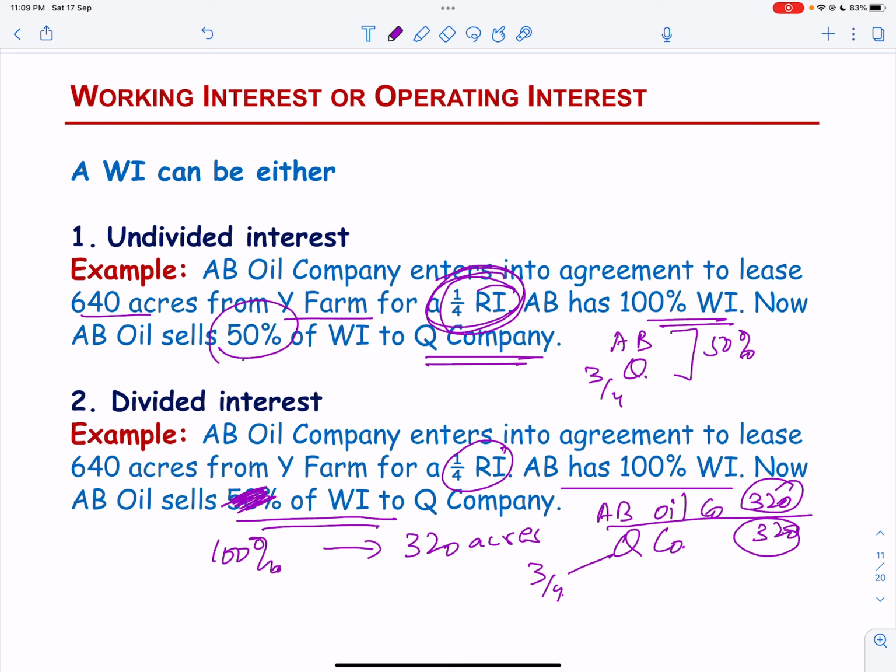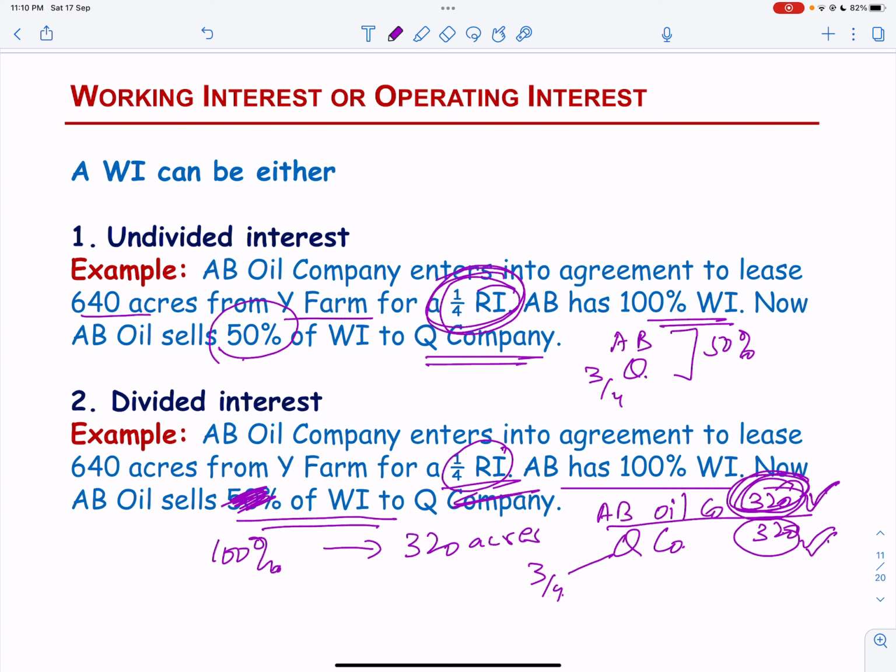So 3/4 of whatsoever is generated on this 320 acres, and 3/4 of whatsoever is generated on this piece of land. And AB Oil Company and Q Company are responsible for paying Y Farm one-fourth of the gross revenue from each respective 320 acres of property.